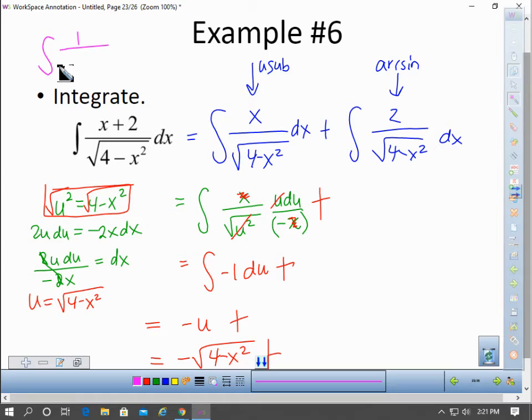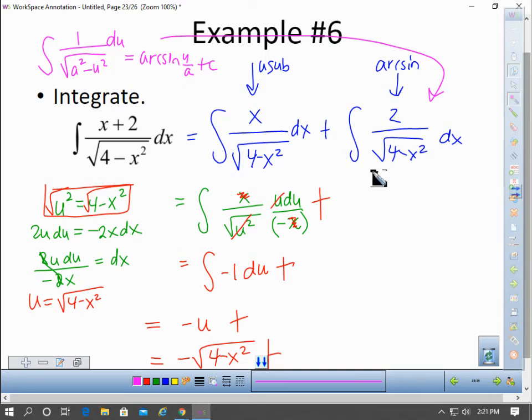It is 1 over the square root of a squared minus u squared du, and that equals the arc sine of u over a plus c. So this is the rule you would be looking at since it's a squared minus u squared, the function's in the back. Whenever the function's in the back of the radical, you know it's going to be arc sine. So this is the rule I should be comparing this part to.